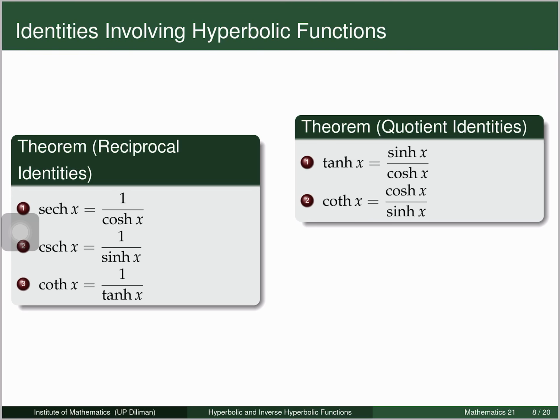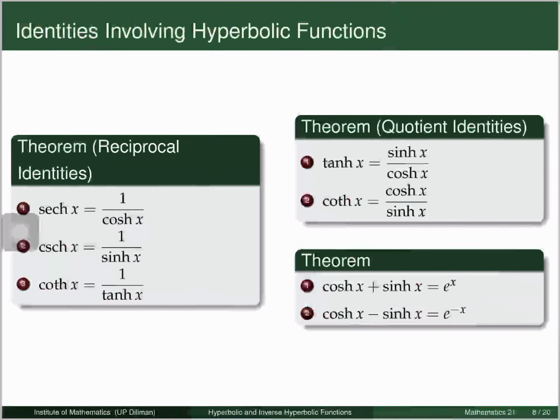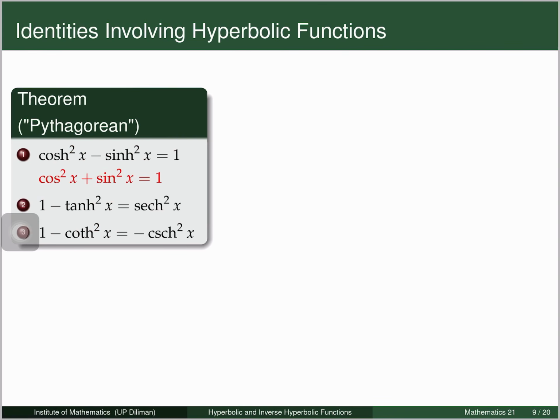Tapos since from the definition, medyo simple yung itsura ng hyperbolic sine at cosine natin, may extra identity tayo dito. So cosh x plus sinh x equal yan kay e to the x at ang difference naman ay e to the minus x. And then, meron tayong cosine squared x plus sine squared x equal to 1. May counterpart yun for hyperbolic pero medyo mag-iiba yung sign.